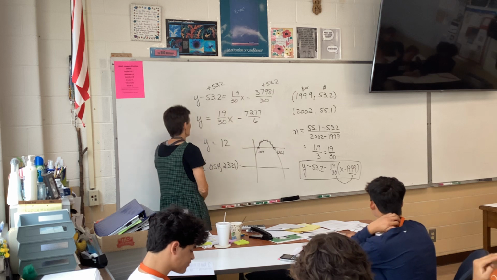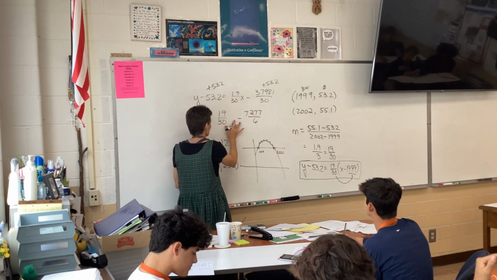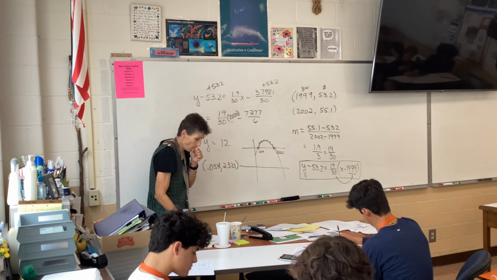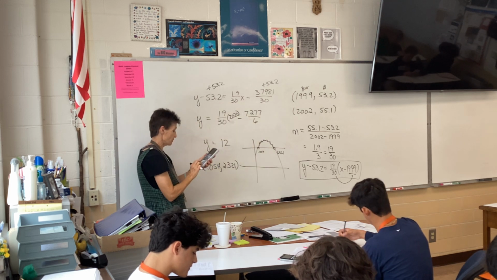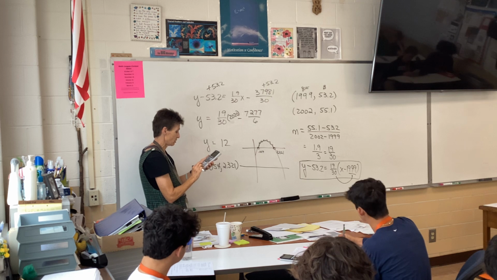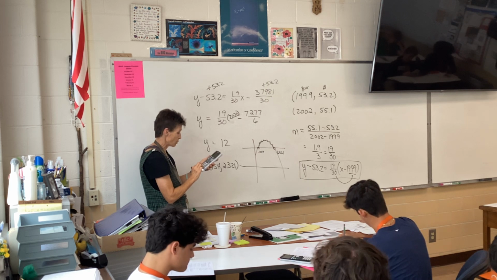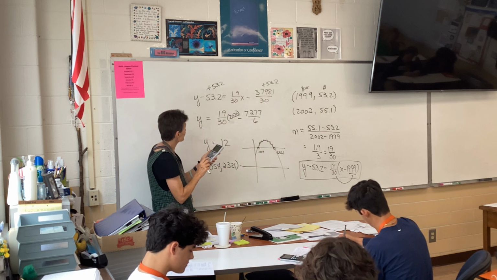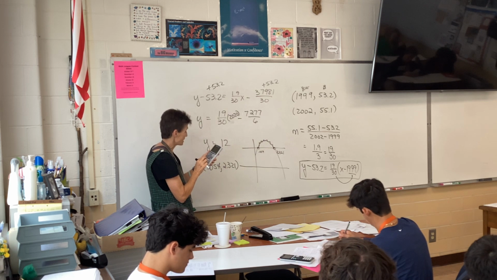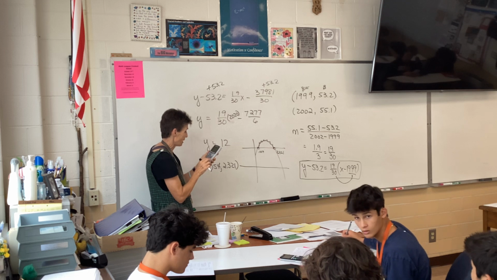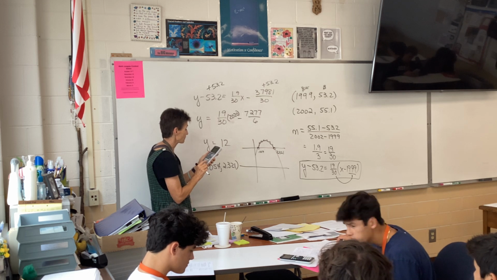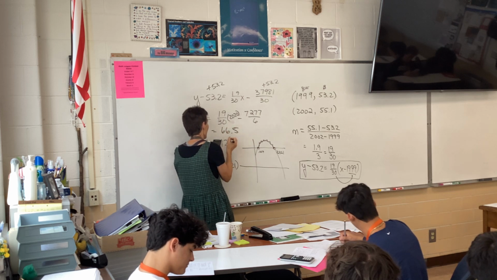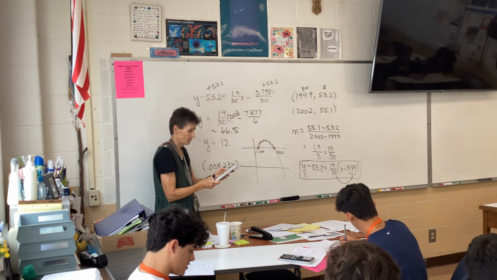So I'm just gonna put 2020 right here. So 19 divided by 30 times 2020, that was the year, and then minus 7277 divided by 6. Oh my, did you get 66.5? Sure did. Wow, who would have thought that would have happened?